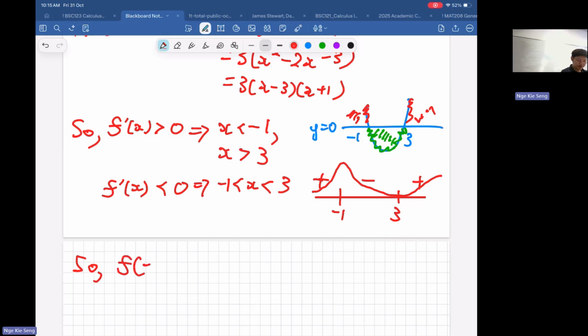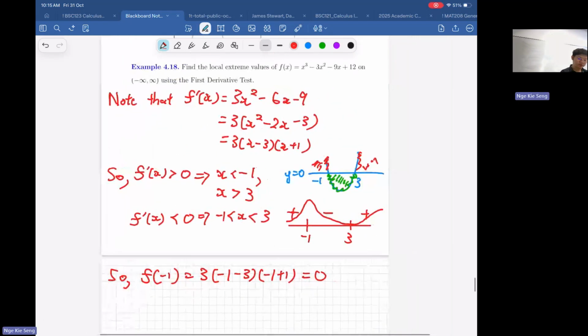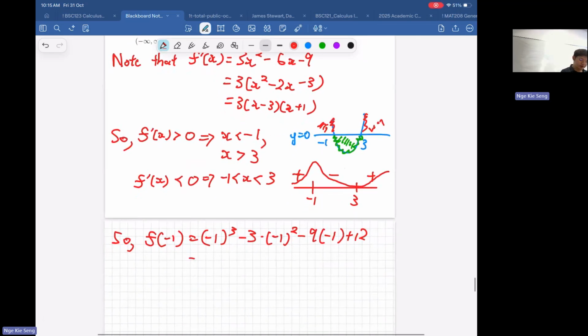So f of -1, let's say 3 times -1 minus 3. Sorry, I subbed the wrong function. The actual function is -1 cubed minus 3 times -1 squared minus 9 times -1 plus 12. I guess that is 17.